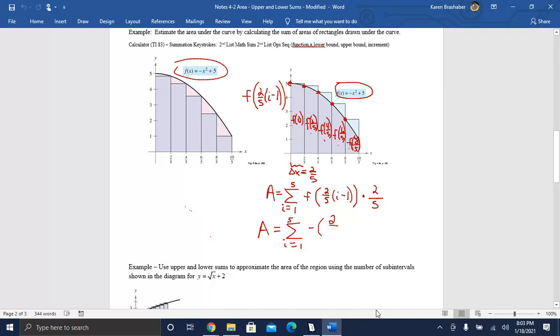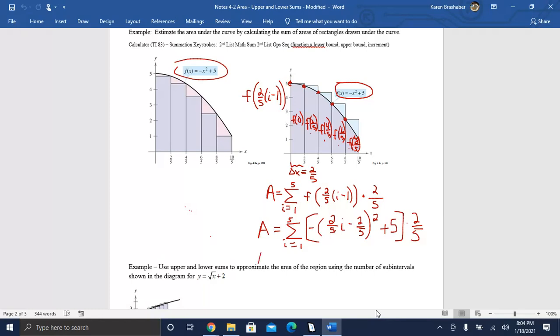So 2/5 i minus 2/5. That's going to be my x value. So this is my negative x squared. That gets squared. Then add 5. And I'm going to take all of that times 2/5.